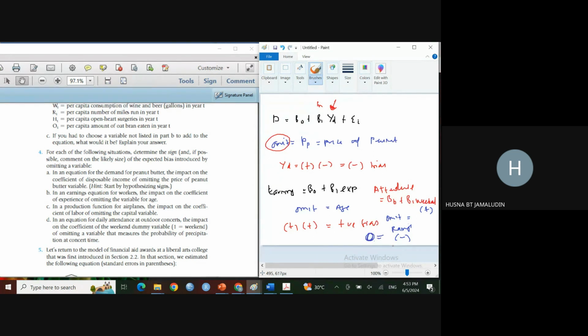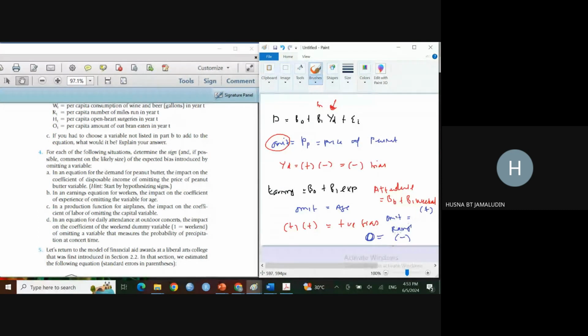How come you would say that raining will affect weekend or weekend will affect raining? So in this case, you don't have any bias. The bias is 0. So if you omit the raining, even though raining is an important variable affecting your attendance at the concert, raining will not affect the weekend. They are independent variables. Can you see that?